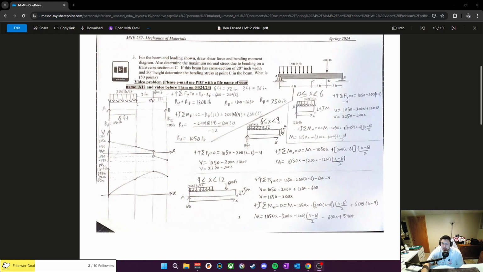And for the bending moment for the second section, counterclockwise is positive.